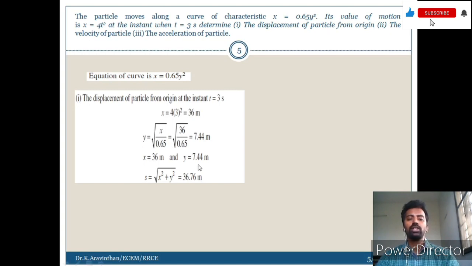And if you know the x and y components, you can find the distance moved in the curved motion. So if you take root of x square plus y square, where x here is 36 and 7.44 is y, you will be getting 36.76 as the s.